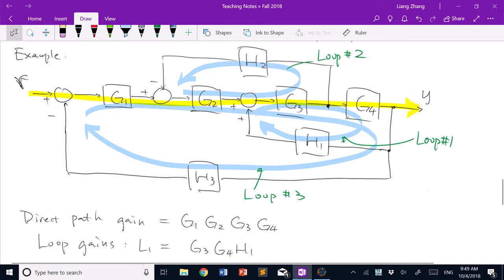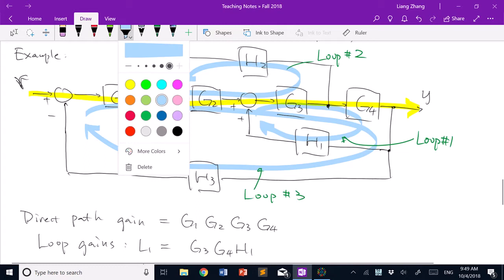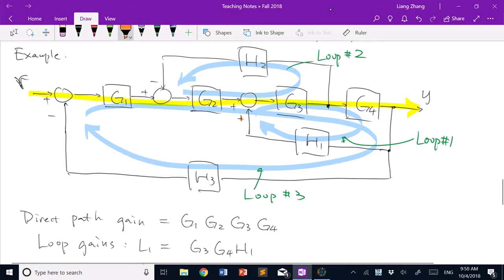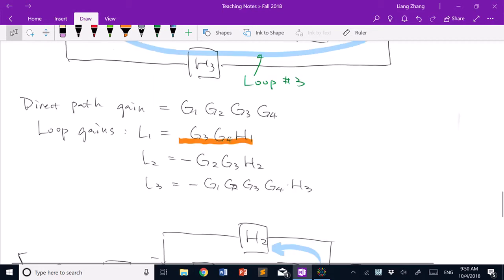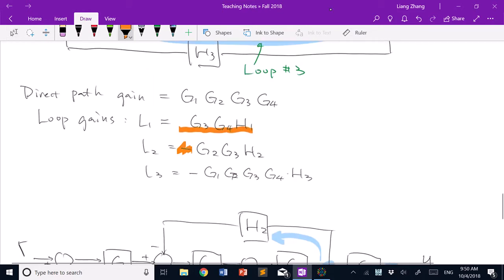Of course, when we calculate a loop gain, we have to pay attention to the sign that will eventually come back to the main path, so we focus on whether this is a plus sign or minus sign. This is a plus sign, so loop number 1 turns out to be a positive number right here. For the other cases, we have a negative sign here or a negative sign here. That's the reason why when we come back, we will have negative signs here and here. So these are some of the issues we have discussed.